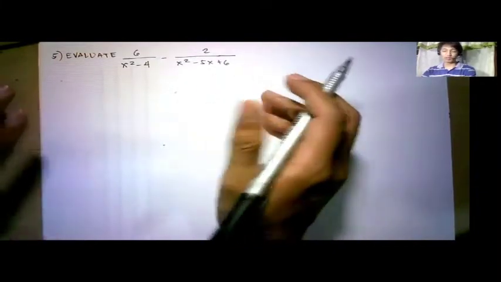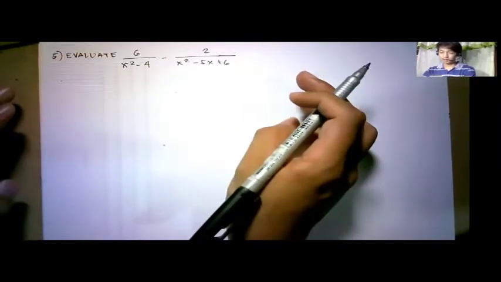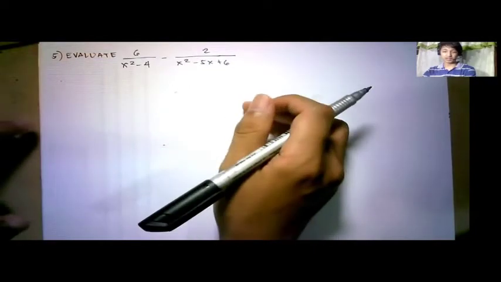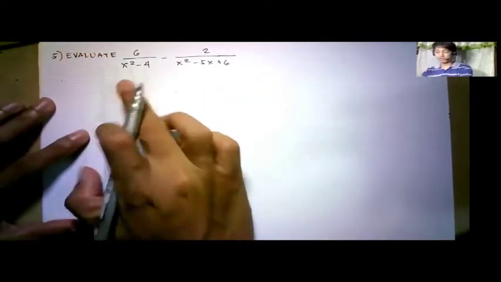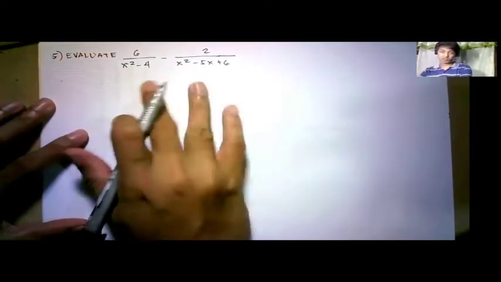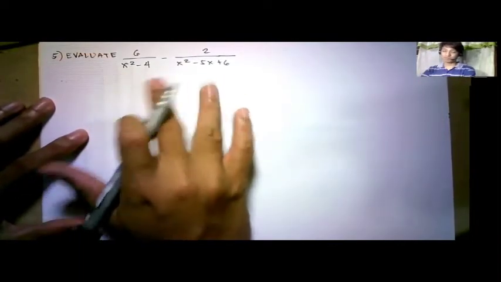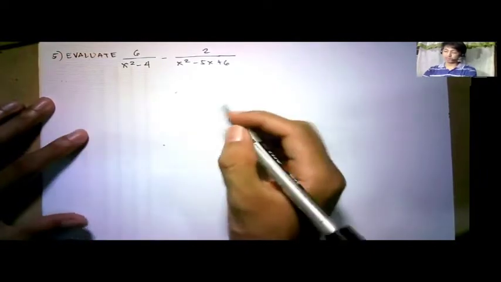So before we do that, we need to make sure that everything, the numerator and the denominator, is in its simplest form. So as you can notice here, both the denominators are not in their simplest form. Okay, so we need to simplify it first.